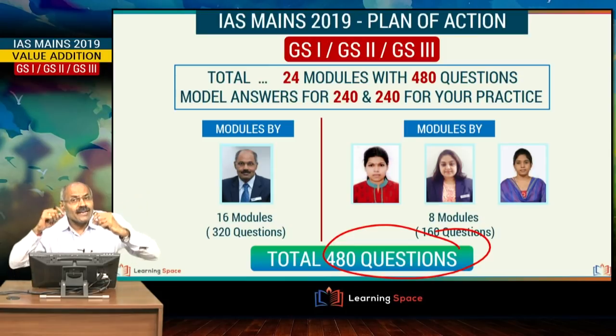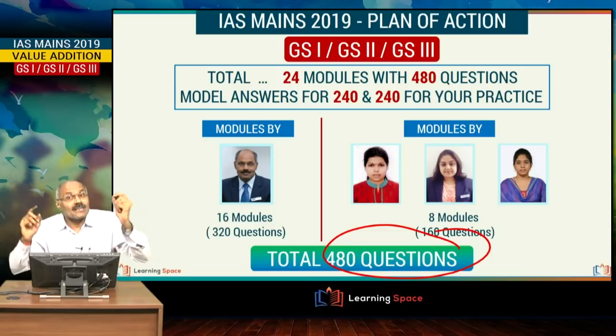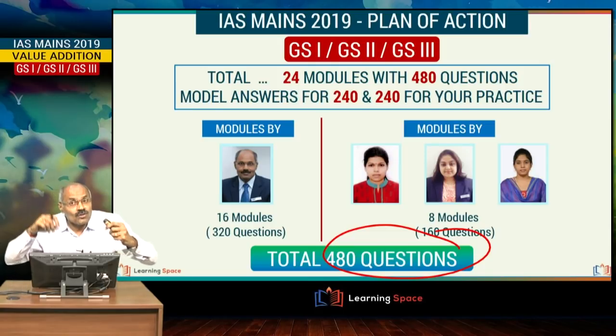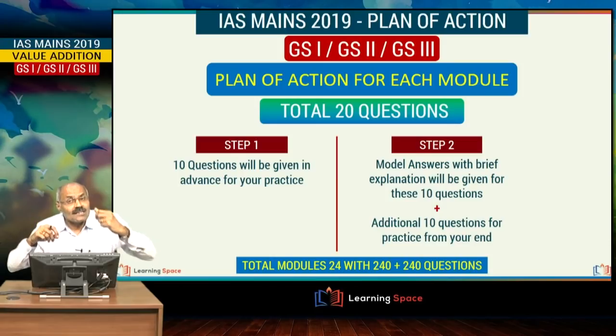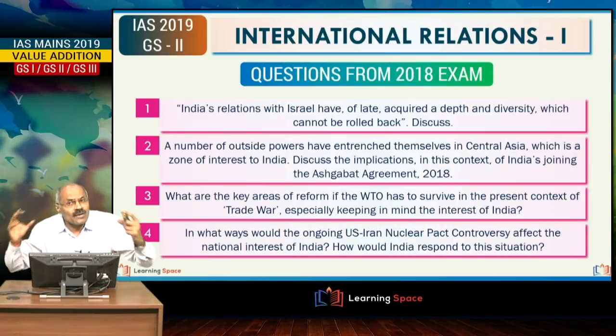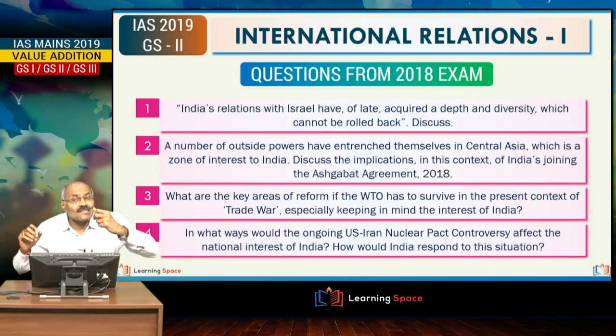And these 480 questions are from the current affairs domain pertaining to GS1, GS2, GS3. Each module will have 20 questions, 10 with answers and 10 for your practice, right? And before going ahead, these are the questions asked in the 2018 exam.